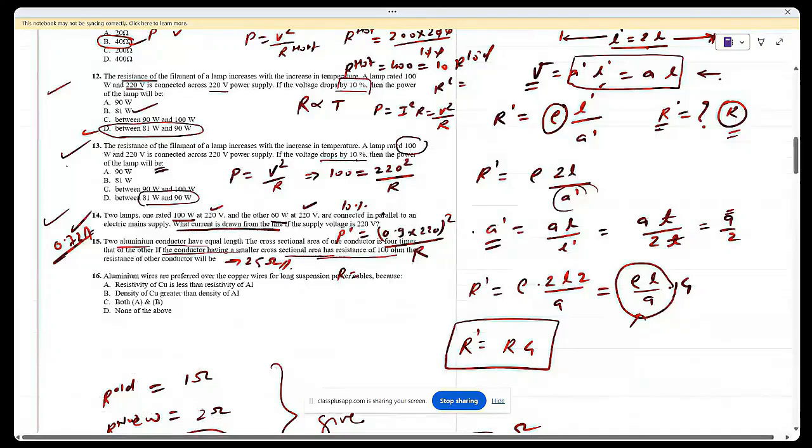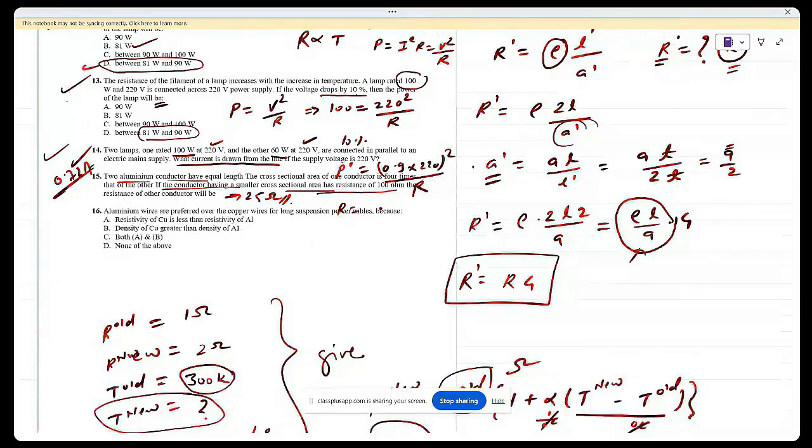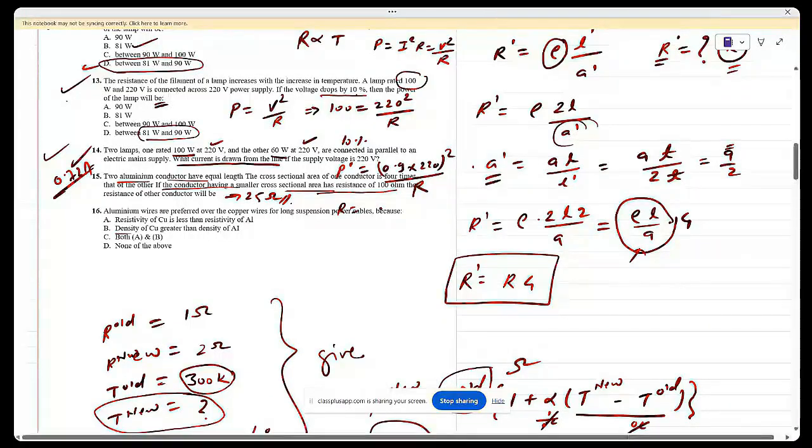Yes. Now check this last question. Aluminium wires are preferred over copper wires for long suspension power cable because... So again, why is aluminium wire preferred over copper wire for long suspension? Just read it. Resistivity of copper is less than resistivity of aluminium. No. Density of copper is greater than density of aluminium, because density plays a big role for long transmission lines.